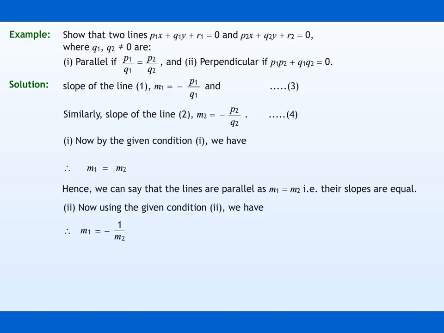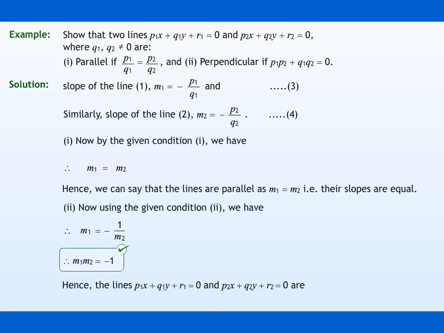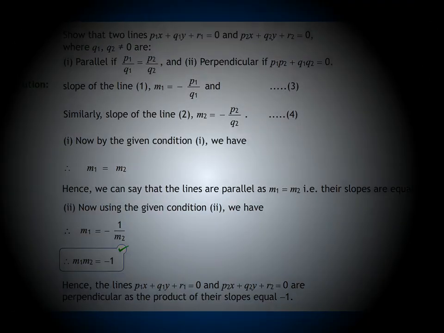Therefore, by 3 and 4, m1 is equal to minus 1 upon m2. Therefore, m1 m2 is equal to minus 1. Hence, the lines P1x plus Q1y plus R1 is equal to 0 and P2x plus Q2y plus R2 is equal to 0 are perpendicular as the product of their slopes is equal to minus 1.